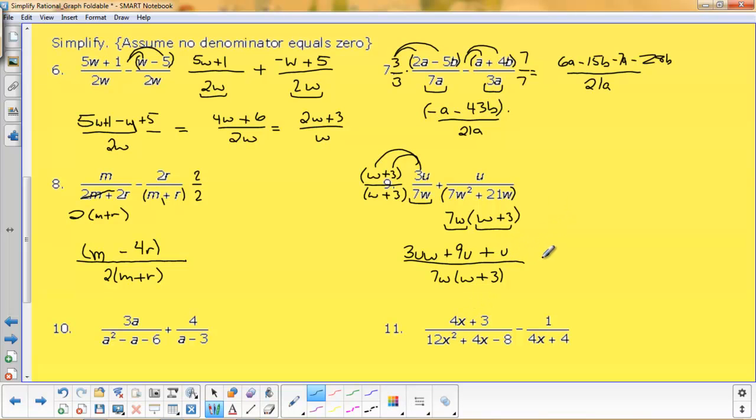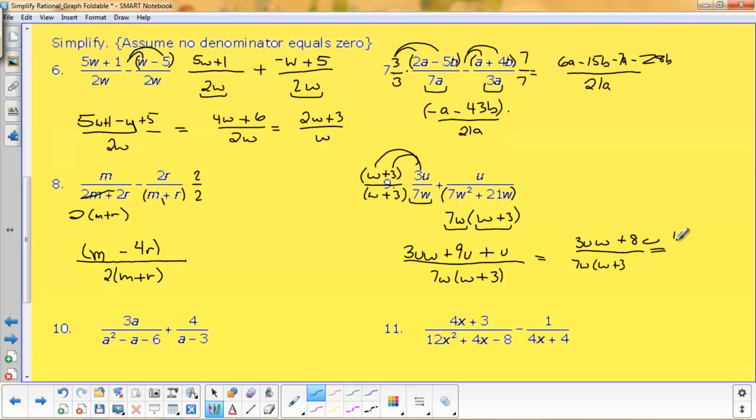All right, now what I'm going to do is combine like terms across the top, and I get 3uw plus 8u over the common denominator of 7w times w plus 3. Notice across the top you have a GCF. That GCF is u.